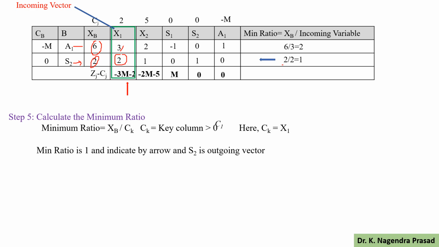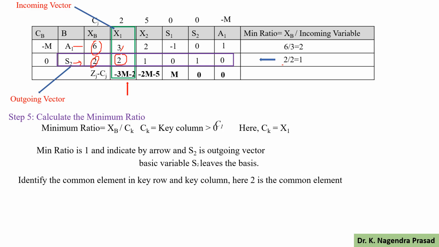So here the minimum ratio is 1 and it is indicated by an arrow, and S2 is the outgoing vector, which means S2 leaves the basis. Next we have to identify the key element, which is the common element in the key row as well as the key column.